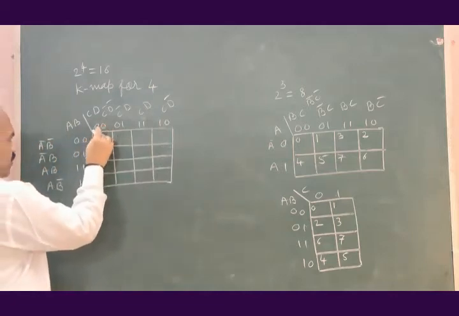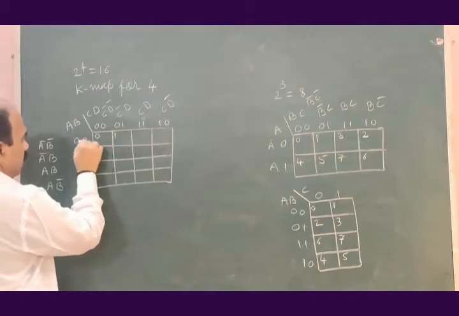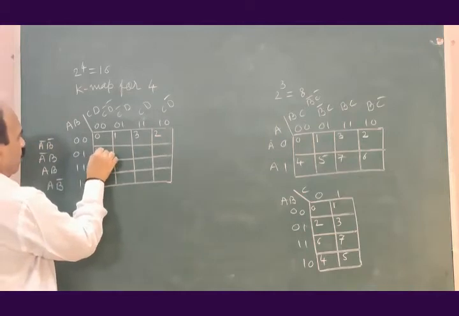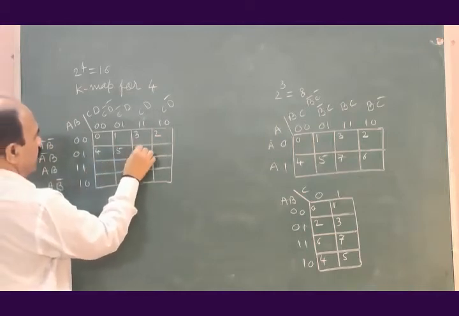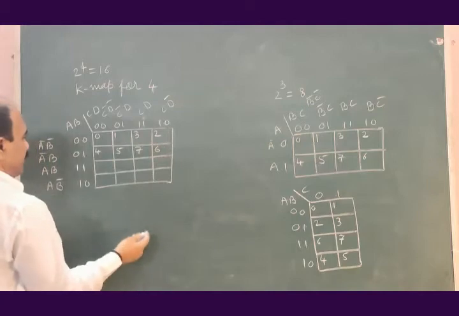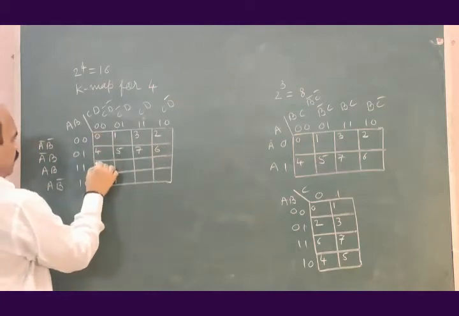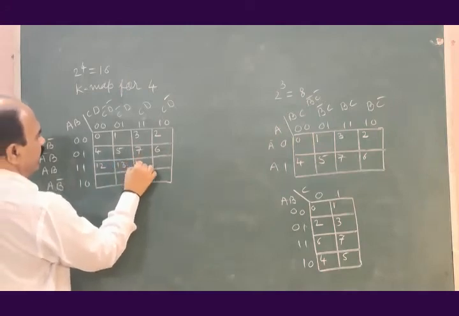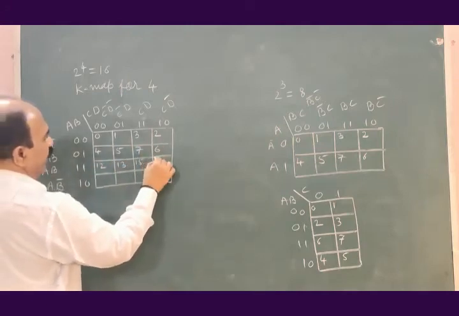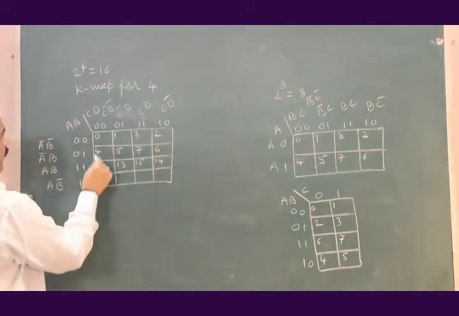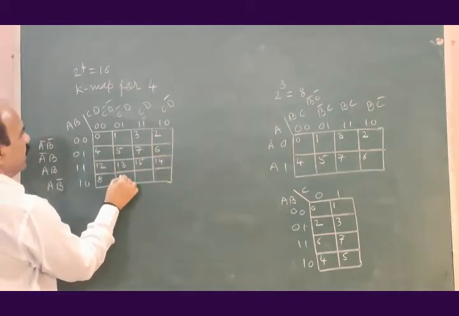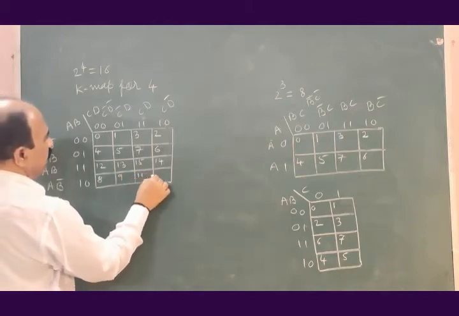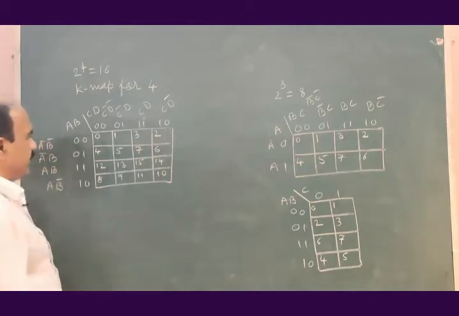The cells are numbered 0, 1, 3, 2, 4, 5, 7, 6, 12, 13, 15, 14, 8, 9, 11, 10.